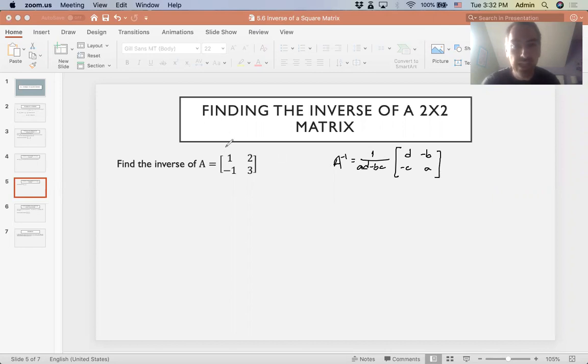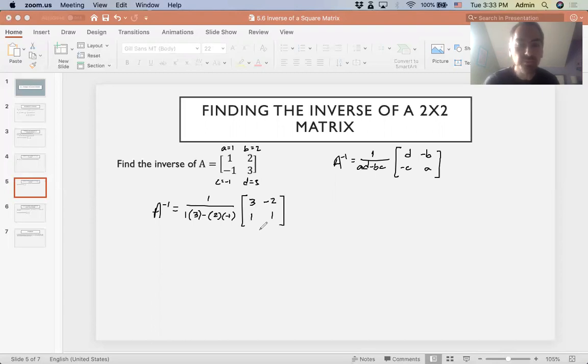And in this case, A is 1, B is 2, C is negative 1, and D is 3. So the inverse will be 1 over 1 times 3 minus 2 times negative 1. And we switch the A and the D, and we take the opposite sign of B and C.